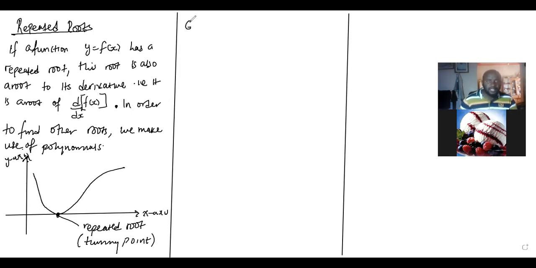So, given the following equations, have repeated roots, solve them.